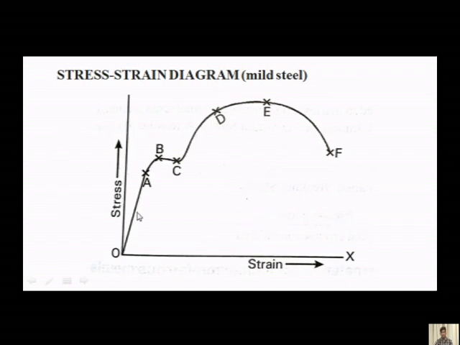Though the load is applied, the material fails to take the load, and when the ultimate load is applied, that is point E, we can observe a crack or a fracture in the material, and at point F, the material breaks down, that is called the breaking point.